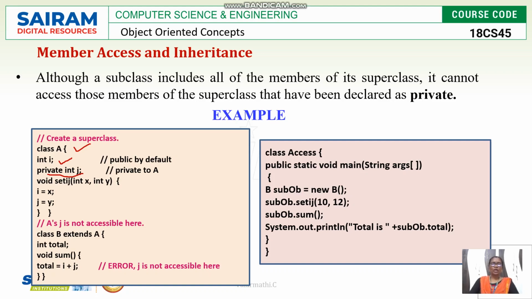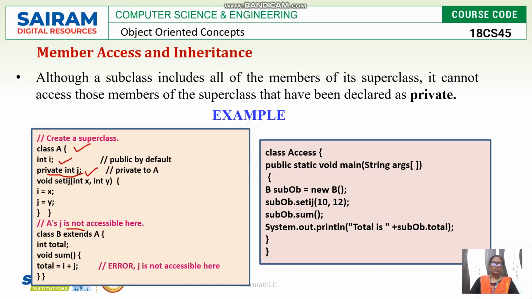That means it cannot access the members of the superclass that have been declared as private. According to this example, j is declared as private, so this j variable cannot be accessed in the subclass.